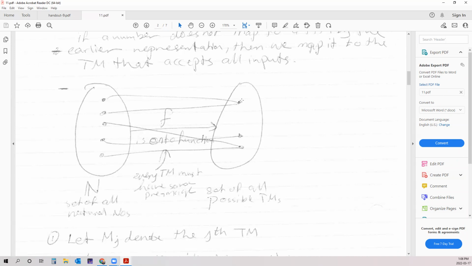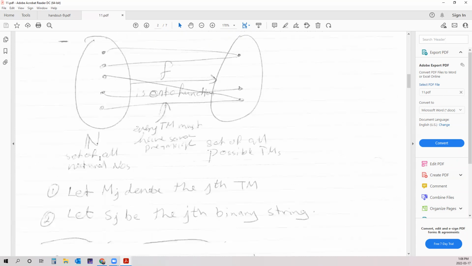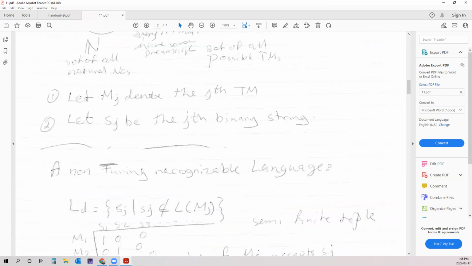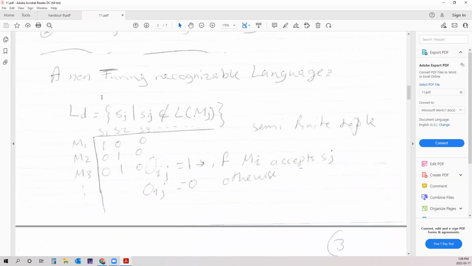Some Turing machines can accept different natural numbers based on their description. So let Mj denote the jth TM, and let Sj be the jth binary string. So here is a non-Turing-recognizable language. Let LD consist of the Sj such that Sj does not belong to L(Mj).